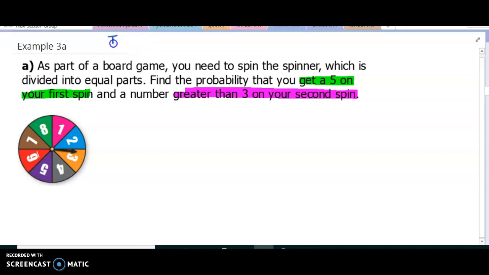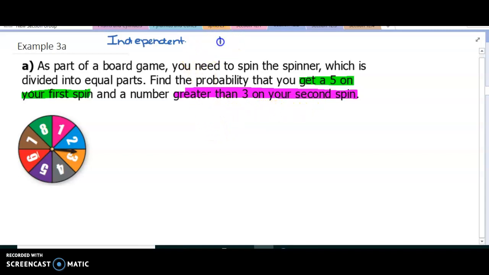These would be independent events, because what we roll the first time, say we roll a 1, doesn't have an effect on what we roll the second time. They're two totally different spins. We can roll the same thing more than once if we need.